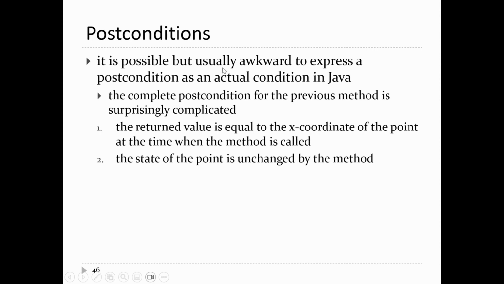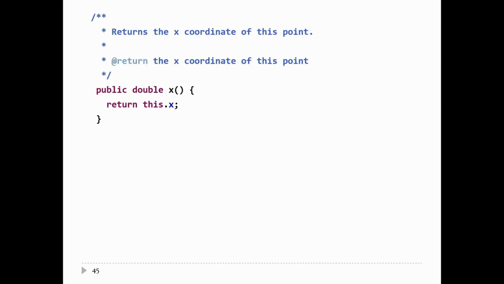It is possible, but it's usually very awkward, to express postconditions as actual conditions, not just in Java, but in any programming language. So if you look at this method and ask yourself, what are the postconditions for this method? If you just look at the plain old English, it says it returns the x coordinate of this point.